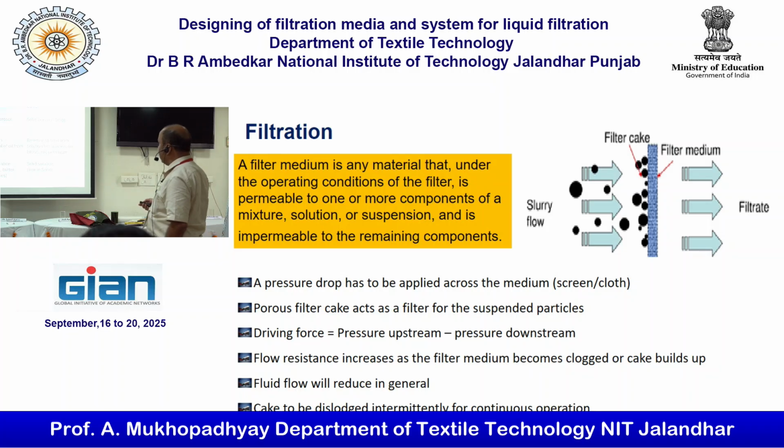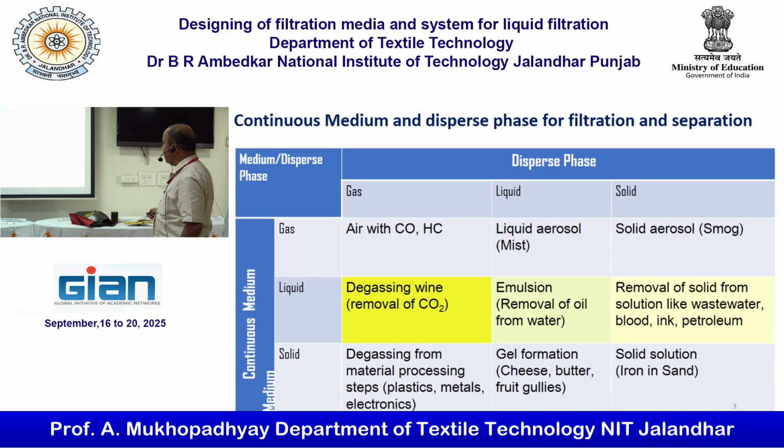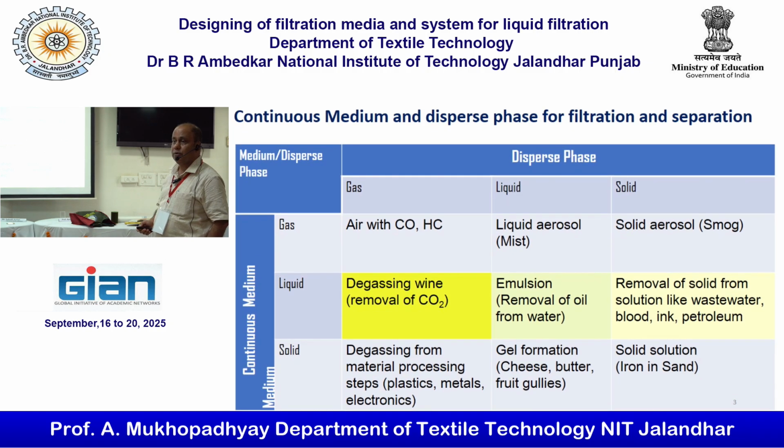Now if you see, this is the whole different types of filtration and separation. We can have the continuous medium and we can have the dispersed phase. But in the GAN program, basically we are restricting ourselves to this part only. So liquid is the continuous medium, and the dispersed gas could be CO2, degassing wine, which is possible by removal of CO2.